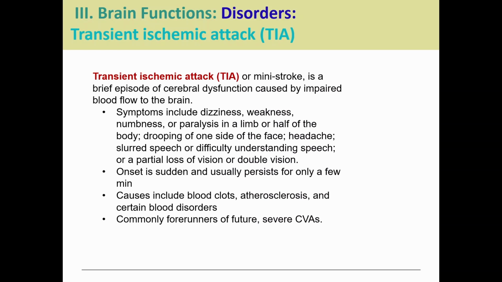And so we do see similar symptoms, so dizziness, weakness, numbness, the drooping on one side of the face, the paralysis or the drooping of a limb on half the body, the problems with slurred speech, or maybe they're not even understanding what you're saying. They may have issues with vision too. It can be sudden and it only lasts for a few minutes. And then all of a sudden they seem like they're fine. That's why it's transient, right? It's not happening long term.